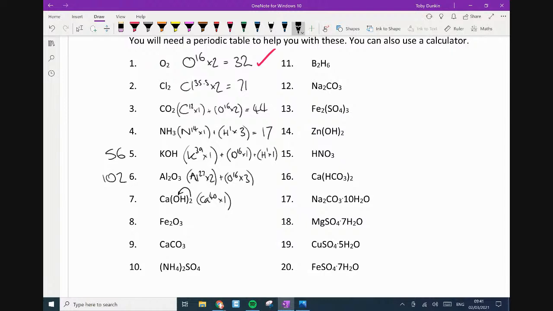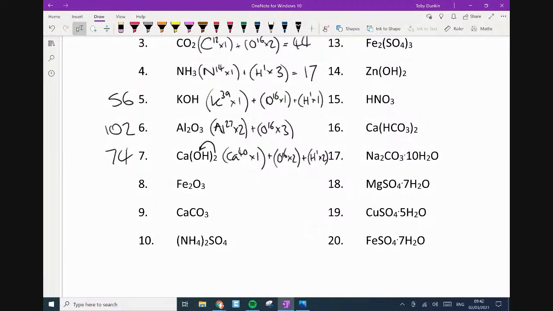Now this is the clever bit: it's in a bracket. So I need to add oxygen at 16 times 2 and hydrogen times 2 as well. That's the important part. So 40 plus 16 plus 16 plus 1 plus 1, total 74. Tick it if you've got it.